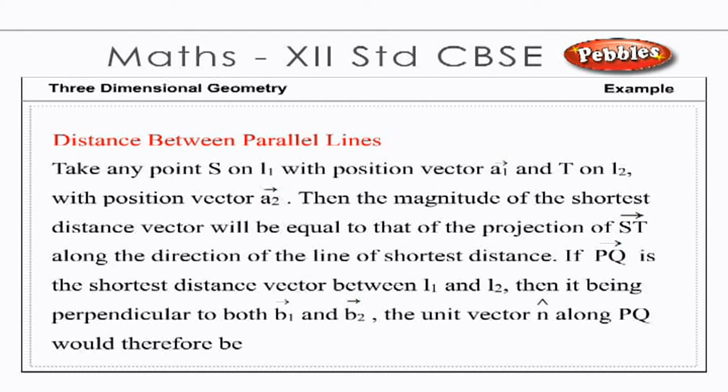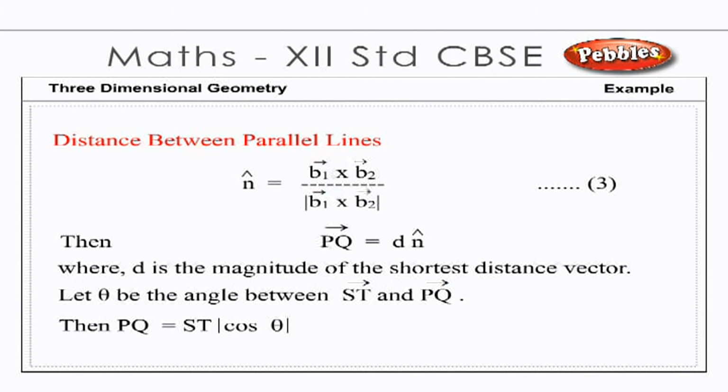If PQ vector is the shortest distance vector between L1 and L2, then, being perpendicular to both b1 vector and b2 vector, the unit vector n cap along PQ vector would therefore be n cap equal to b1 vector cross b2 vector by mod of b1 cross b2, equation 3. Then PQ equals d n cap, where d is the magnitude of the shortest distance vector.